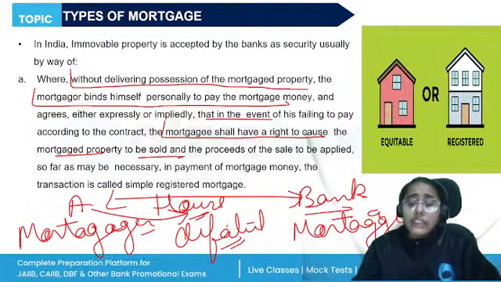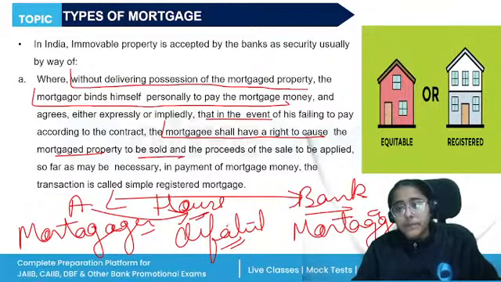Again, the deed of the mortgage is required to be registered with the concerned registrar, right? And registration charges should be paid. In this type of mortgage, the property can be sold only with the intervention of the court, right? So registration is important. All right.